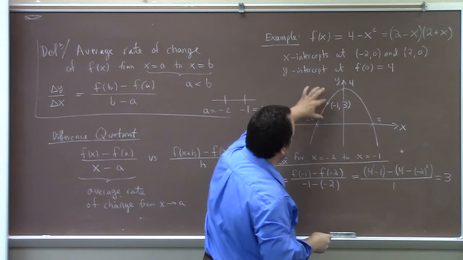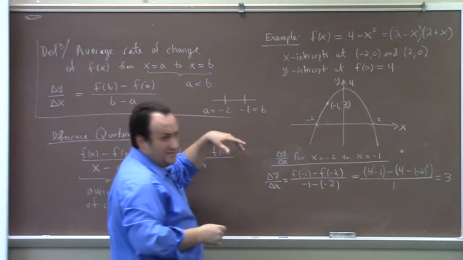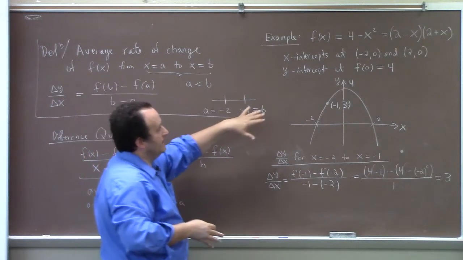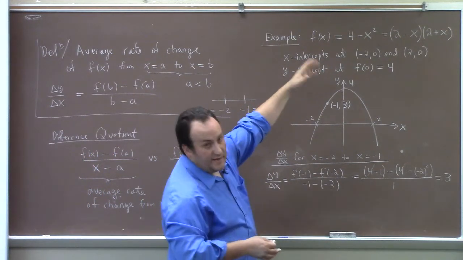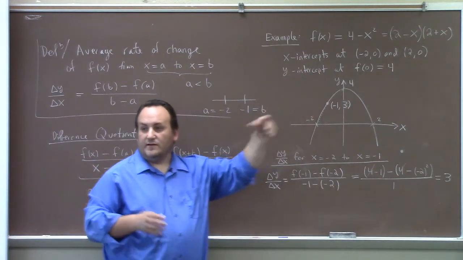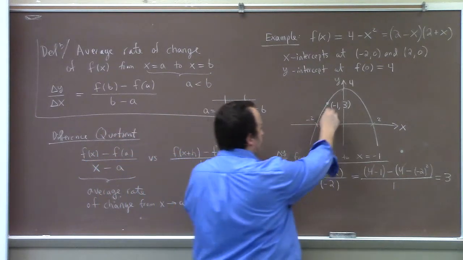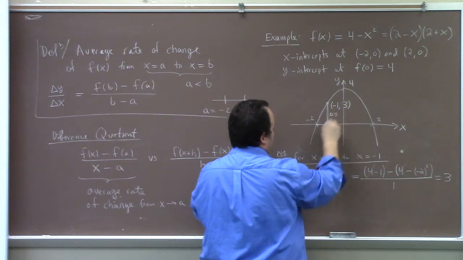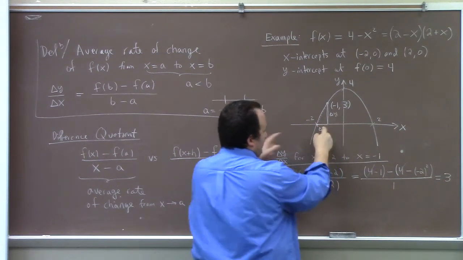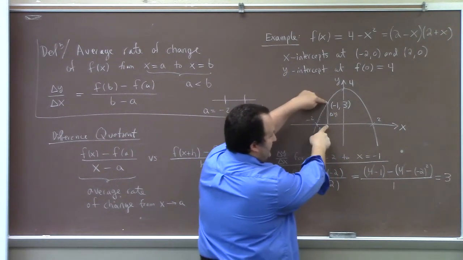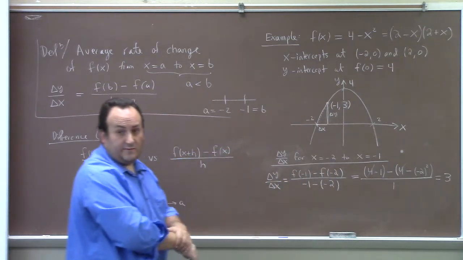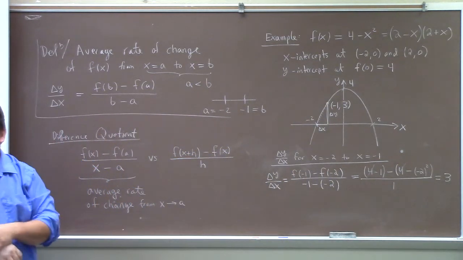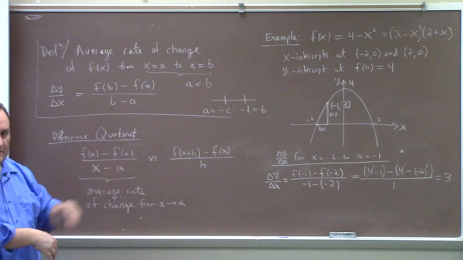I mean, my graph is not quite to scale, right? If you plug in minus 1 into that, we get 4 minus 1, which is 3. So if you look at the little triangle that you can form right here, you can picture the delta y here, and you can picture the delta x here. Delta x is 1 unit, delta y is 3 units, so we get 3 over 1, which is 3, which is what we calculated.